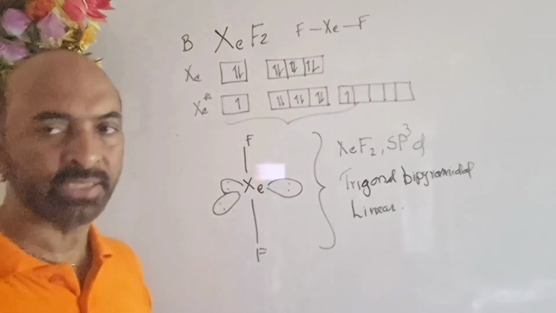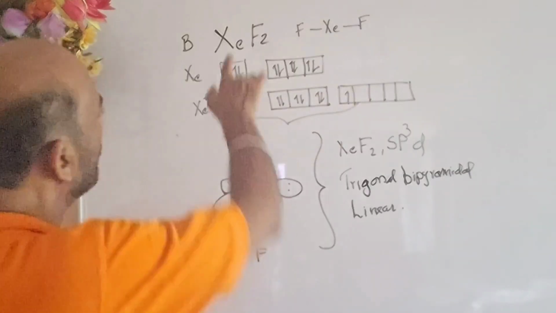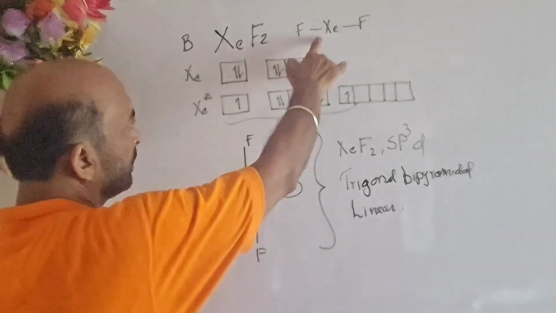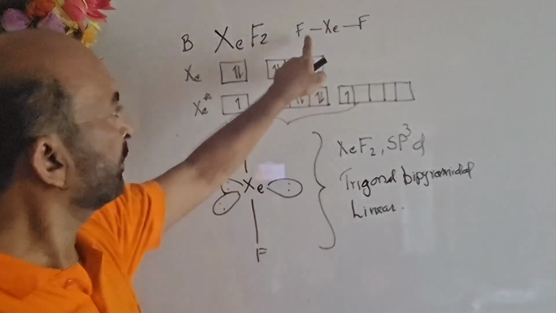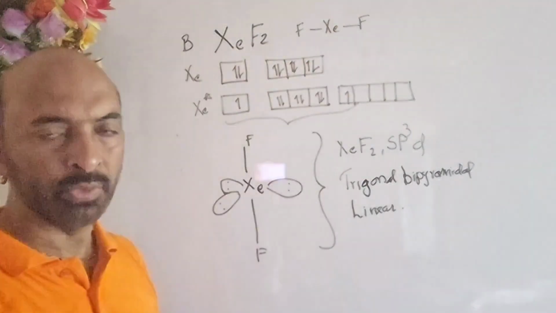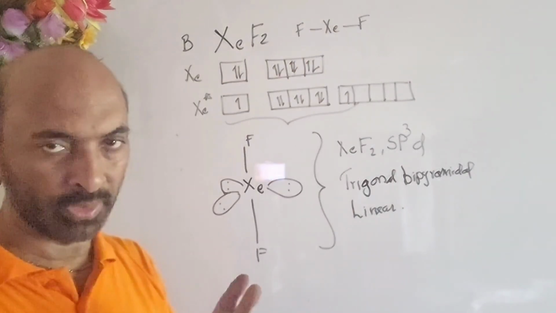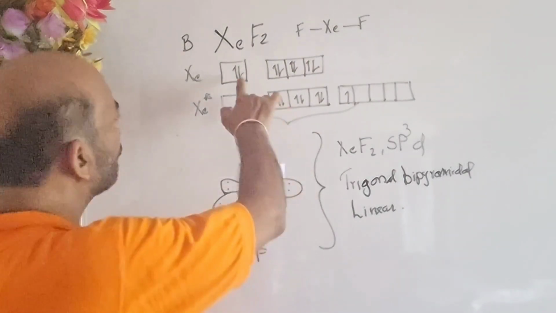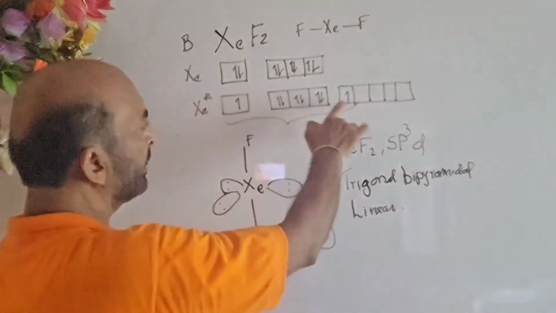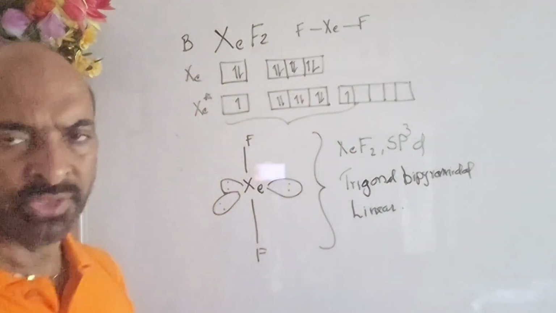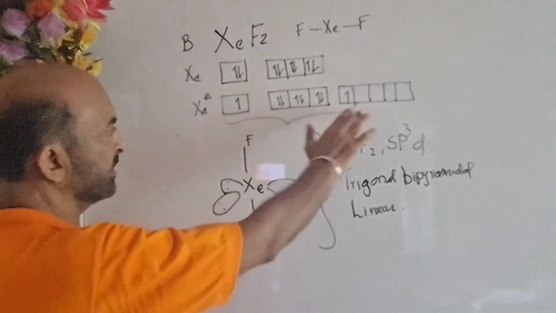Okay, now we consider the next compound. Next compound is XeF2. Okay, first you draw the structure. Here we see it requires 2 sigma bonds, so it requires 2 unpaired electrons. So only one pair of electrons needs to get unpaired, producing 2 unpaired electrons. Okay, like this.